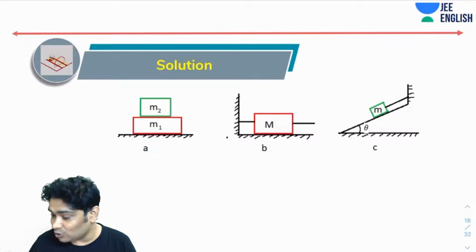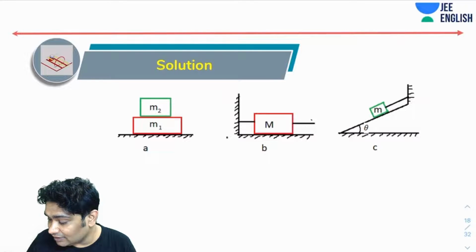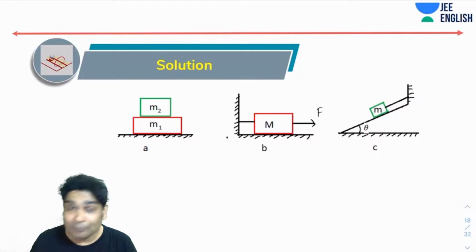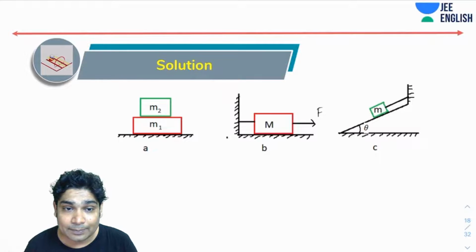So this was supposed to be F. Here, this was F, if I am not mistaken. Let me know in the chat when you have made your own FBDs, and then I will show you the correct FBDs.